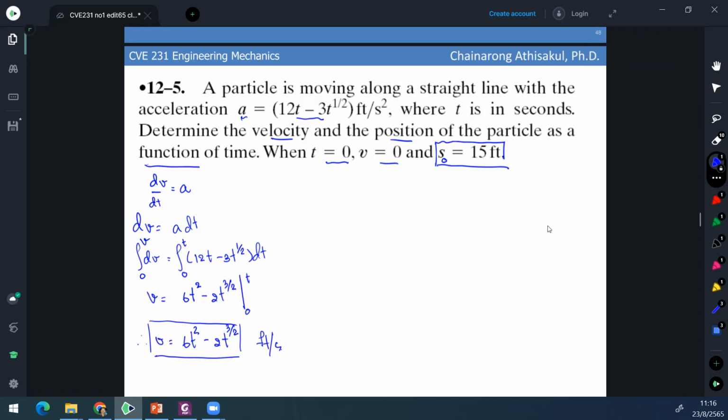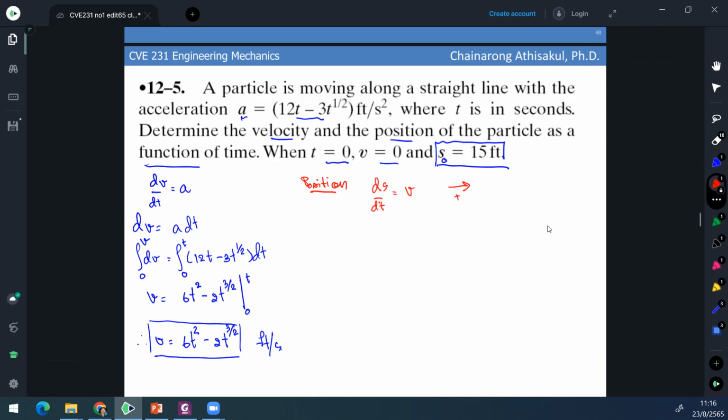For the position, in order to determine the position, we use this kinematic equation, ds by dt equal to v. And according to this, we set up to the right as positive.